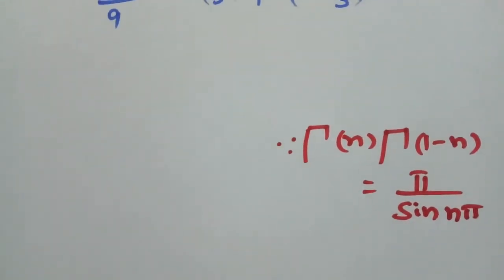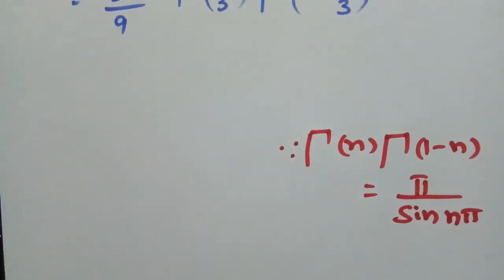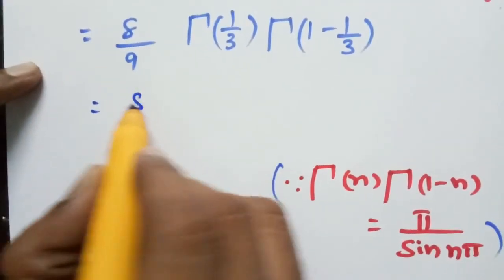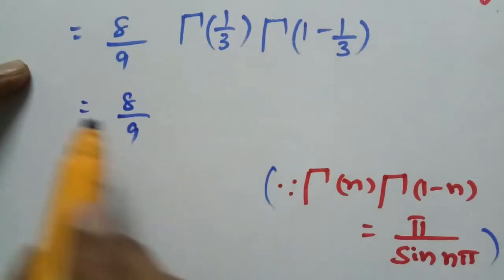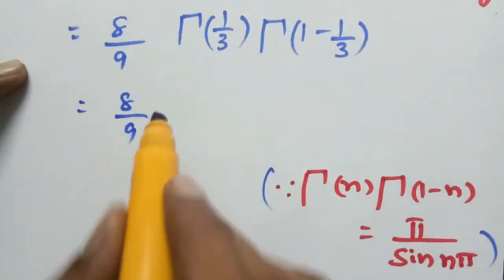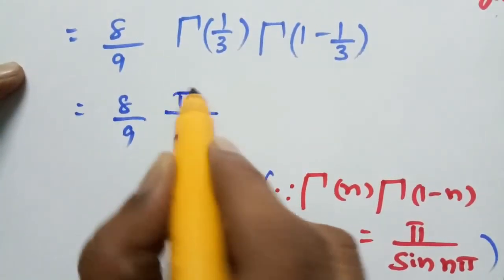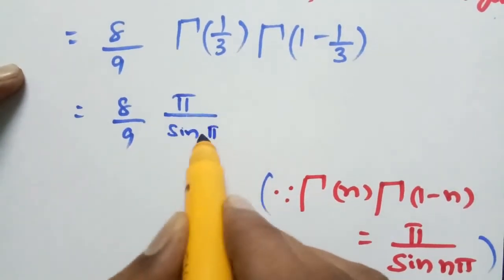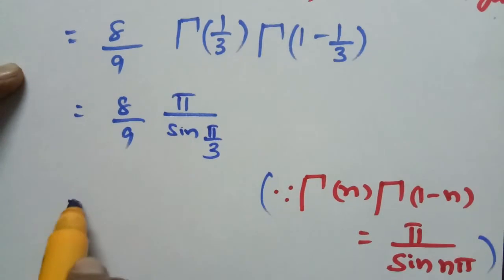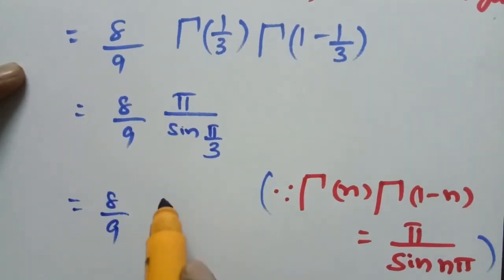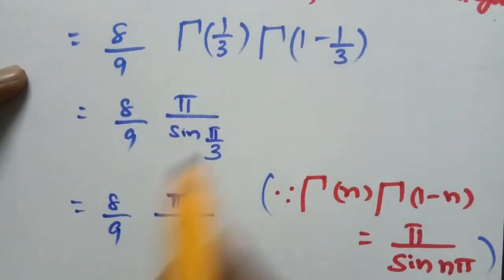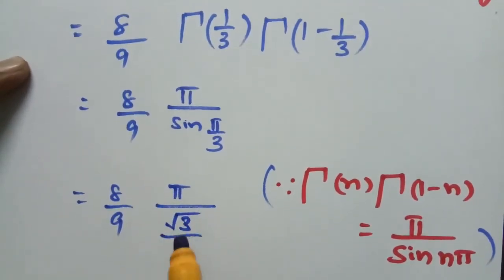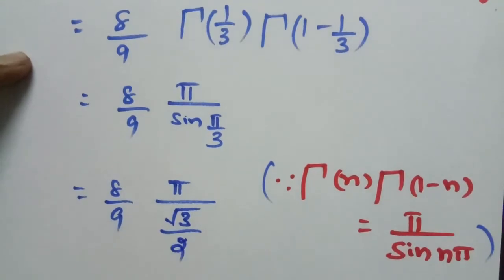This is the standard formula. So by using this formula, this is equal to 8 by 9 into pi by sin n pi, where n is equal to 1 by 3. So sin pi by 3, that is equal to 8 by 9 into pi by sin 60 degrees, that is root 3 by 2.